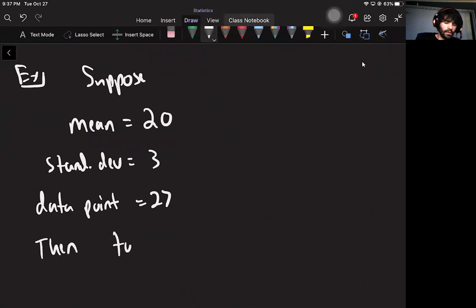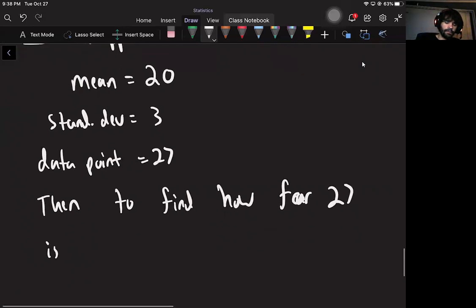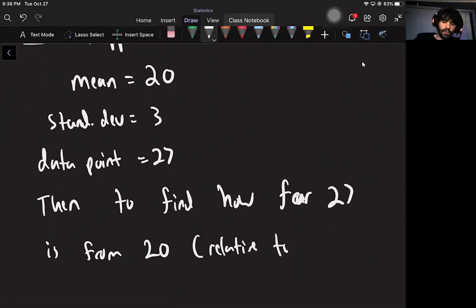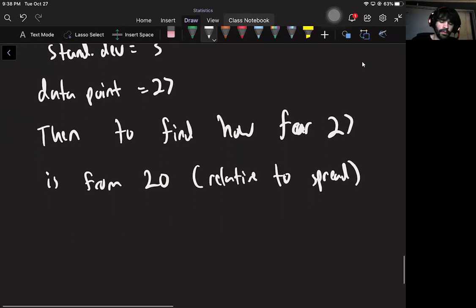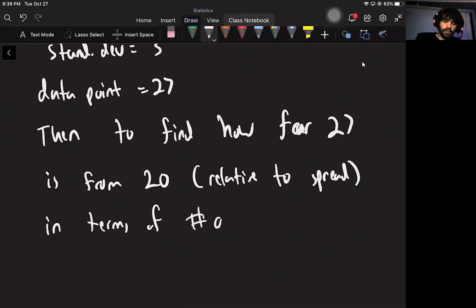So then, to find how far 27 is from 20, relative to the spread, so it's not just 7 away, we want to think about how many standard deviations away it is. So really what we're saying is, in terms of number of standard deviations, what should we do?